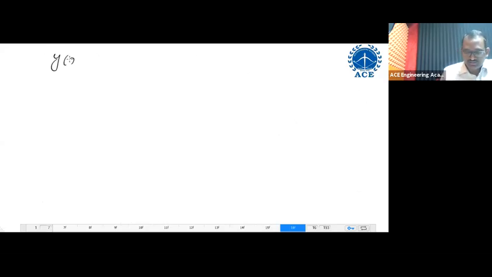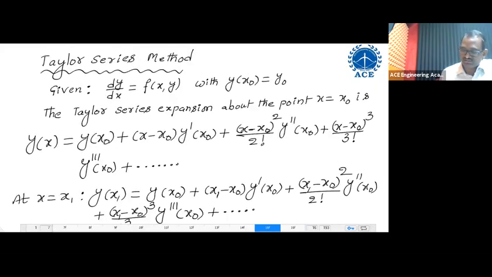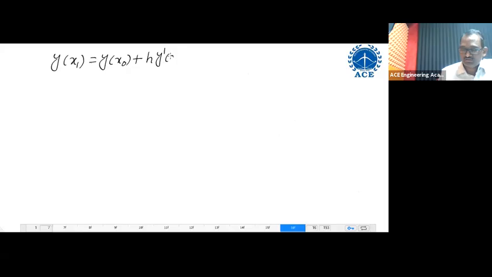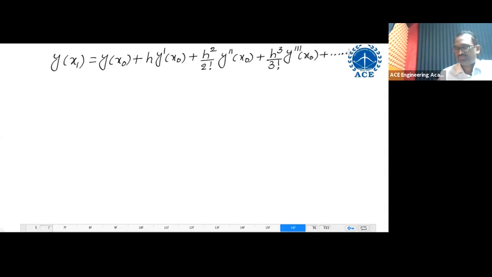So y value at x1 is equal to y of x naught plus h into y dash of x naught, plus h square by 2 factorial into y double dash of x naught, plus h cube by 3 factorial into y triple dash of x naught, plus so on.